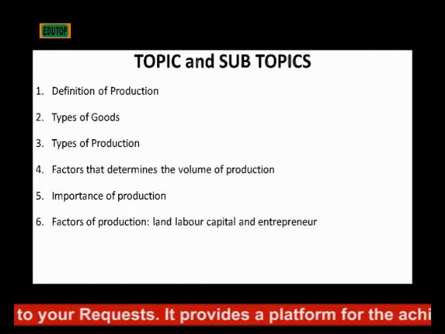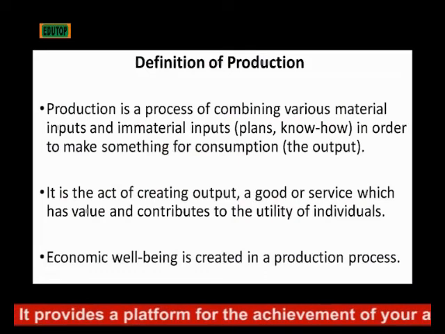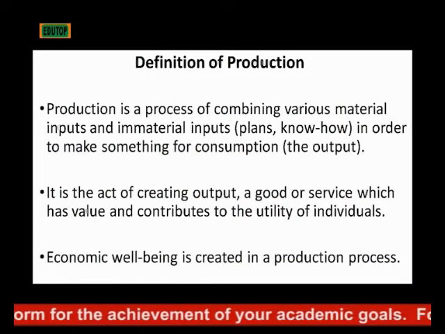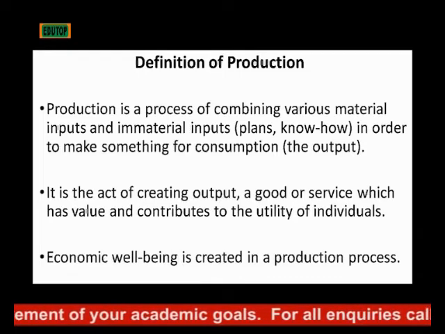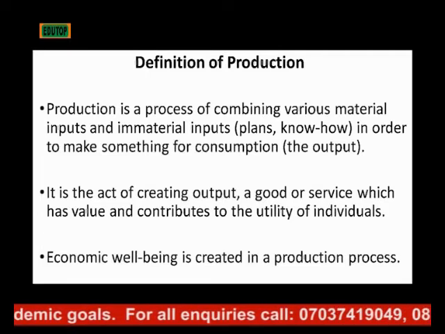Now, what is production? Production is a process of combining various materials, inputs and immaterial inputs such as plans and technical know-how in order to make something for consumption, which we refer to as output.